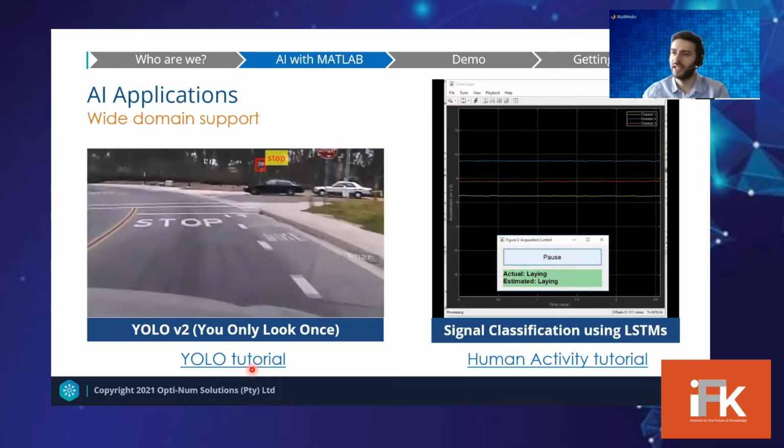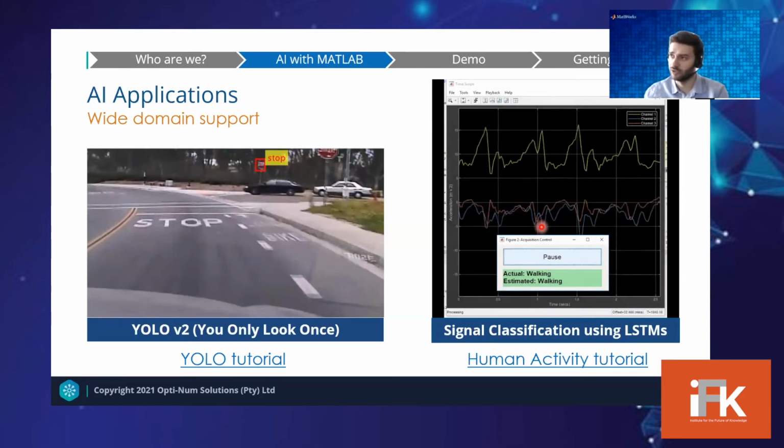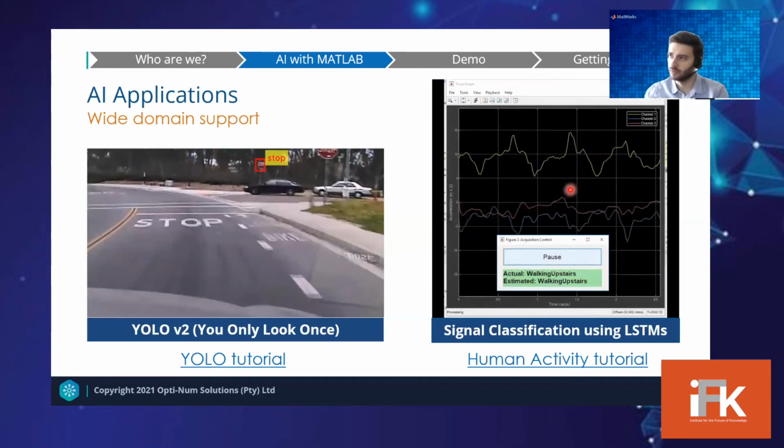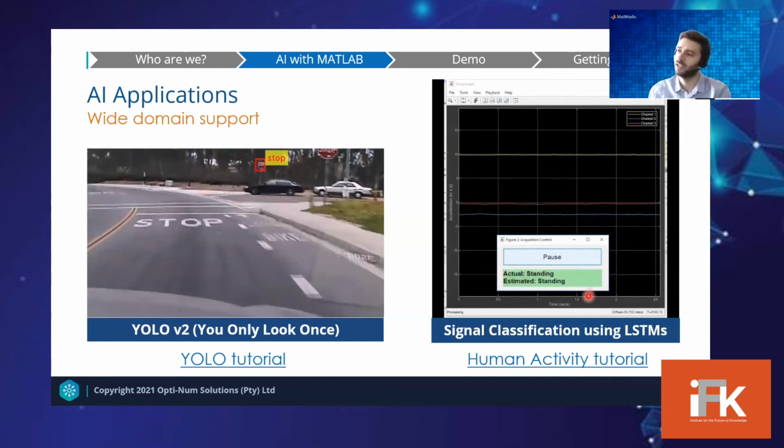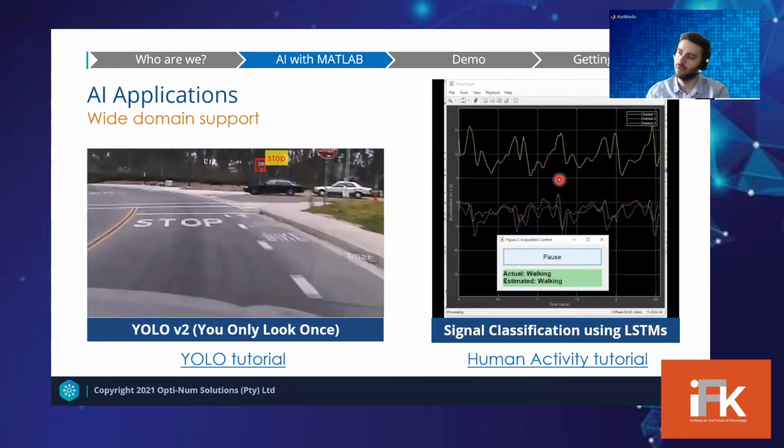All right, on the right-hand side, we have a signal classification. In particular, here it's classifying human activity. Here you will see a plot with the time on the x-axis and the acceleration. There are 3 lines because there are 3 components of the acceleration, x, y, and z. And actually, what this algorithm is basically doing is trying to understand the peaks of the acceleration and understand if I'm standing, it's a little bit flat, or maybe if I'm lying, some of the components change.